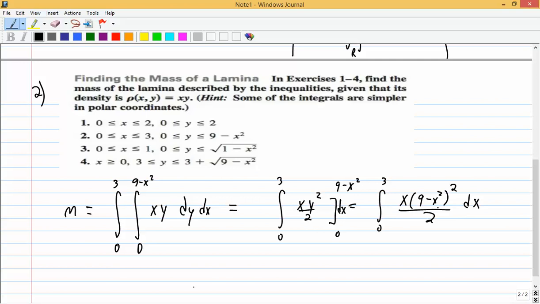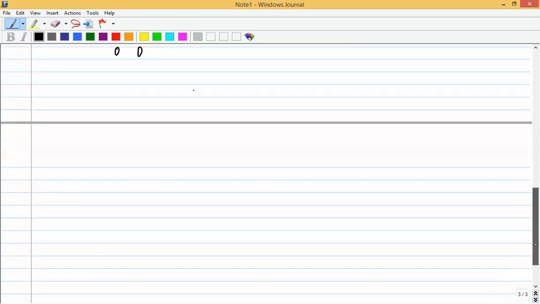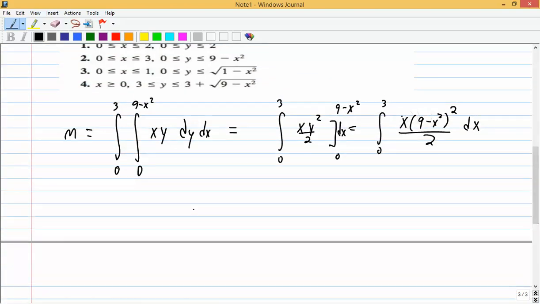Now to integrate that, either you multiply it out and integrate it, or you see that if what's in the parentheses is your u, then you do have that x to the first on the outside, right? So either you square that and multiply times x, write all that as one big long polynomial and integrate, or you say, well, if I let u equal 9 minus x squared, then du is negative 2x, and I have the x on the outside, so I just need to bring out a negative 1/2.